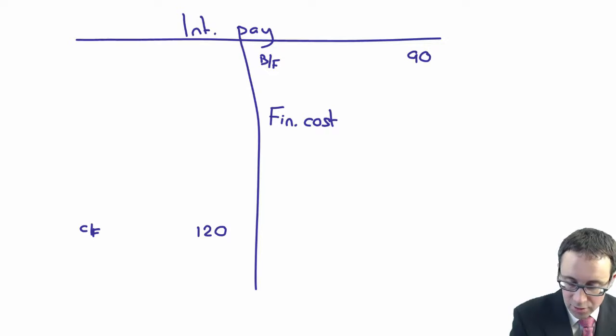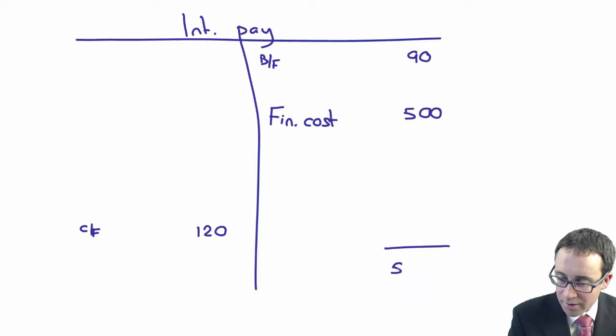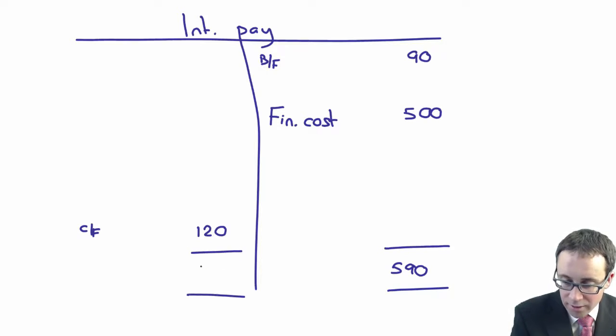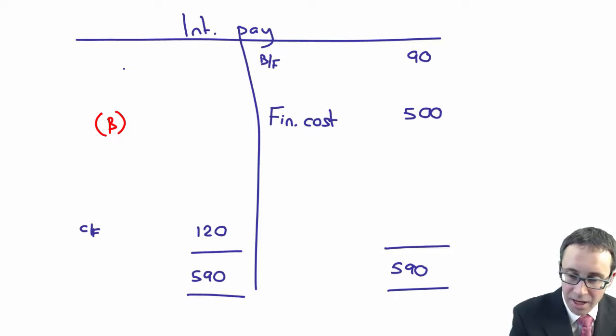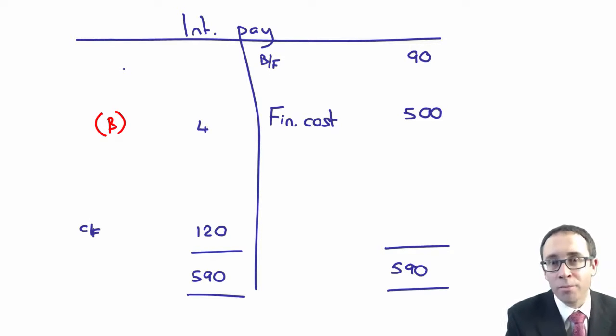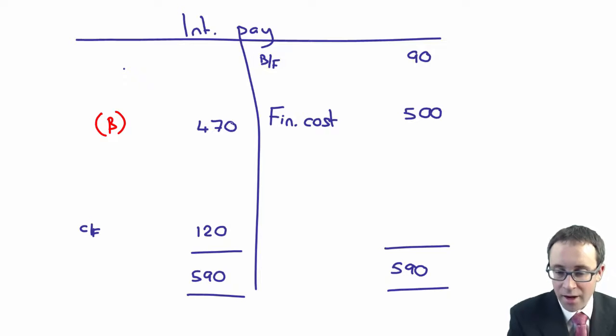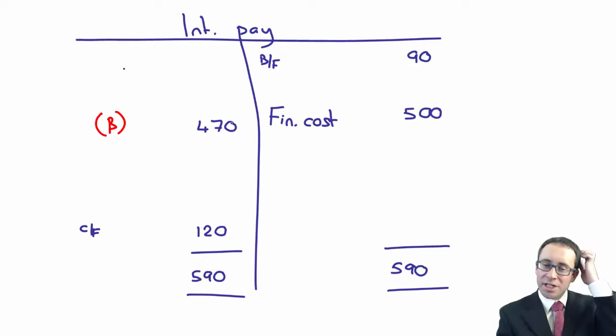The finance cost that you had there was 500. So when you balance it up, and you don't even need to balance it up properly within the exam, you have 590 on the right and 590 on the left. Your balancing figure is, I won't even use my calculator, boy oh boy, I'm being brave there, aren't I? That's 470.